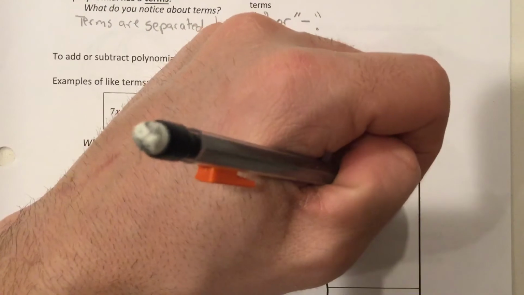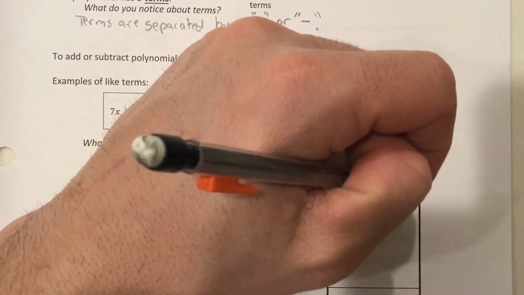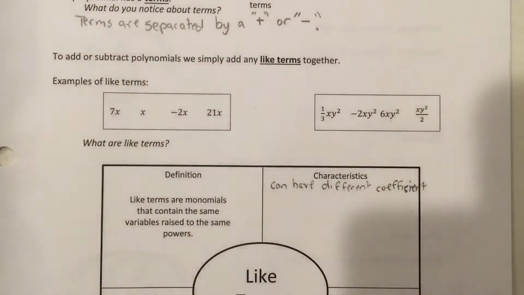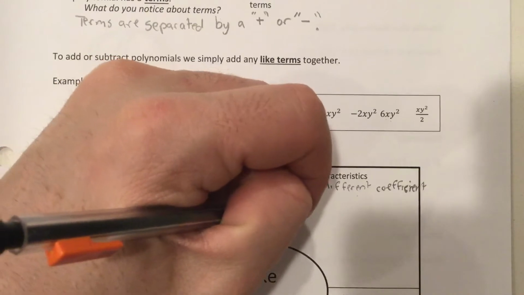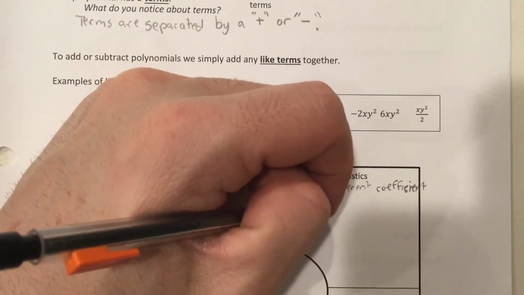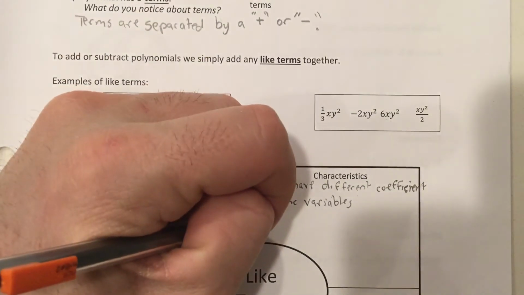Remember, the coefficient is the number in front. However, they have the same variables, and those variables are raised to the same power.